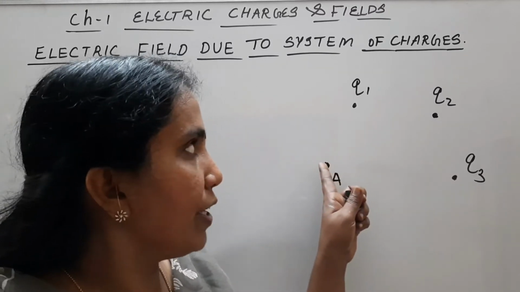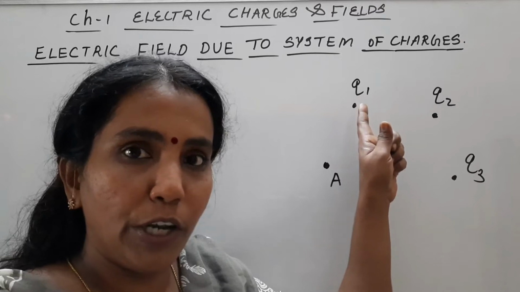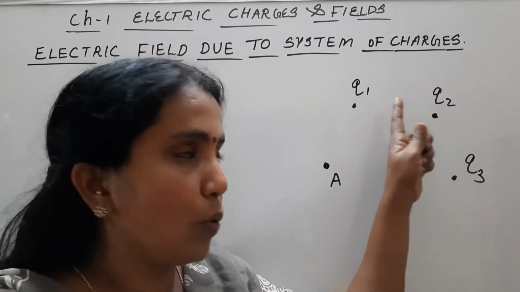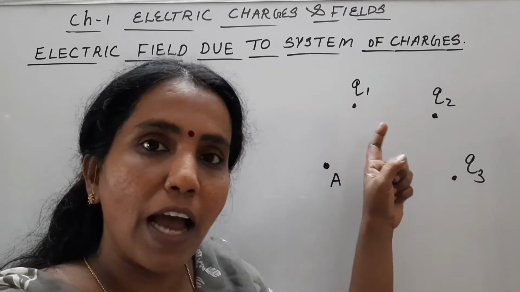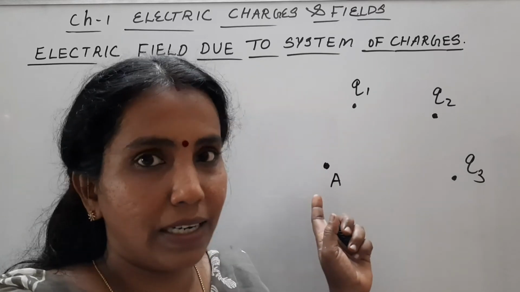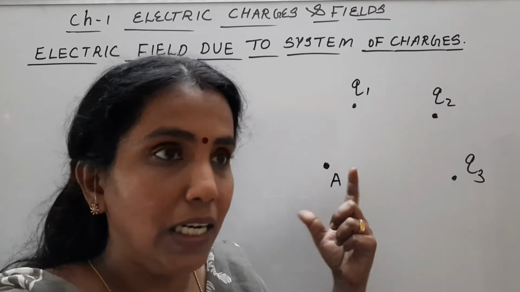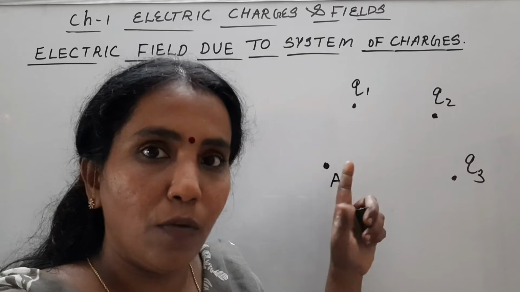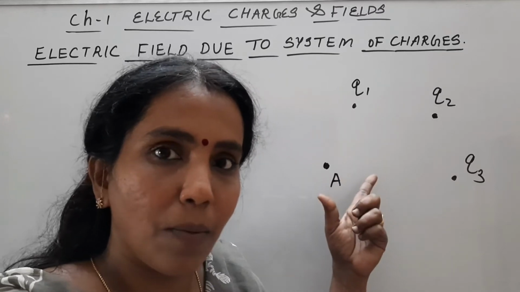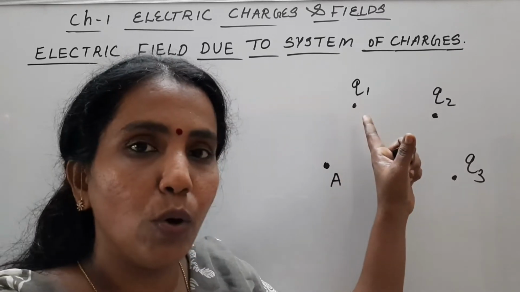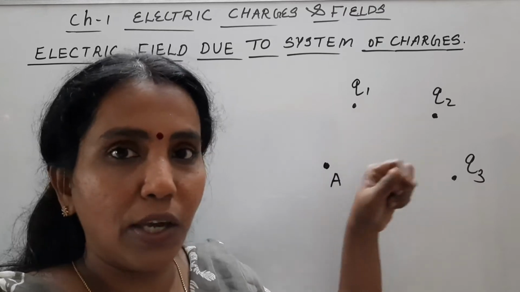At the point A, Q1 will be producing an electric field, Q2 will be producing an electric field, and Q3 also will be producing an electric field. The net electric field at the point A will be equal to the vector sum of electric fields due to Q1, Q2 and Q3.